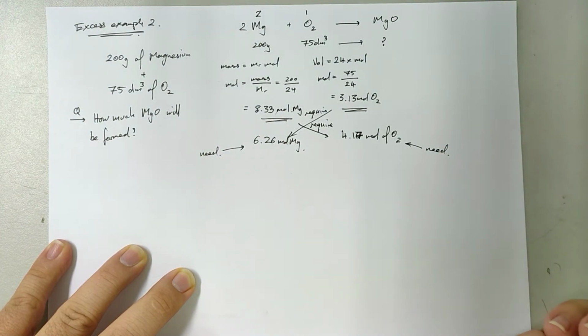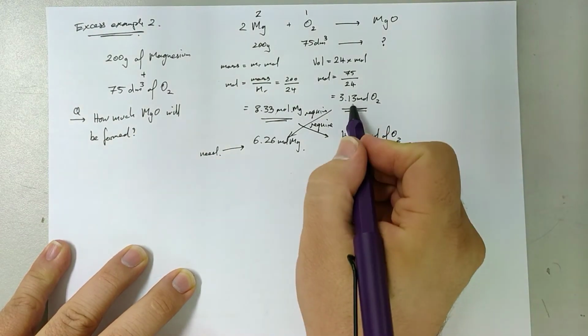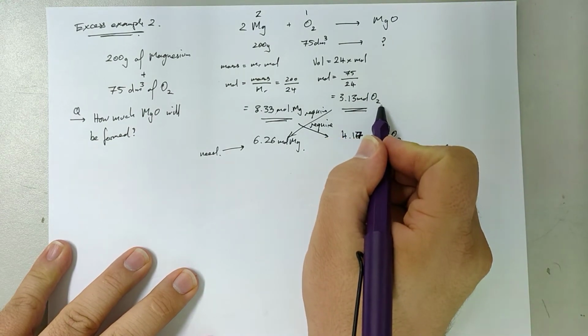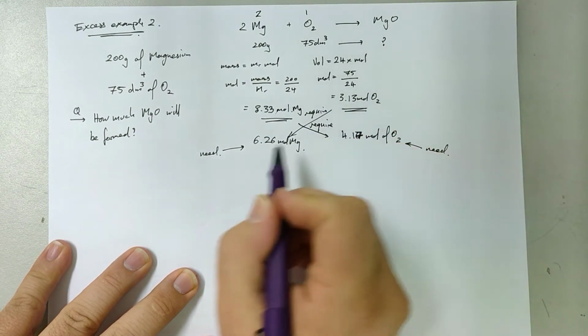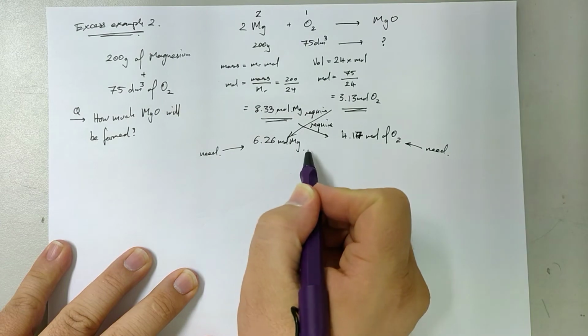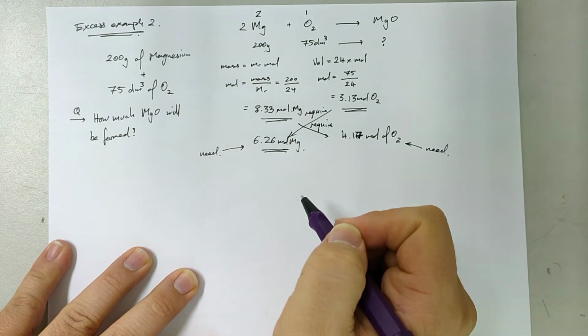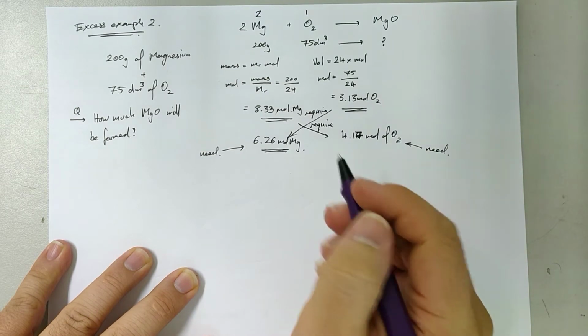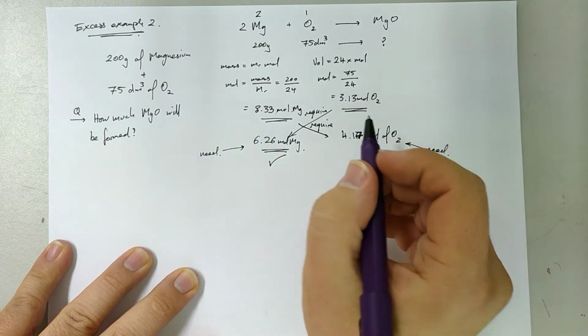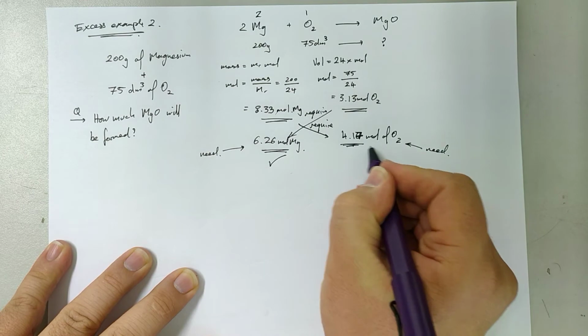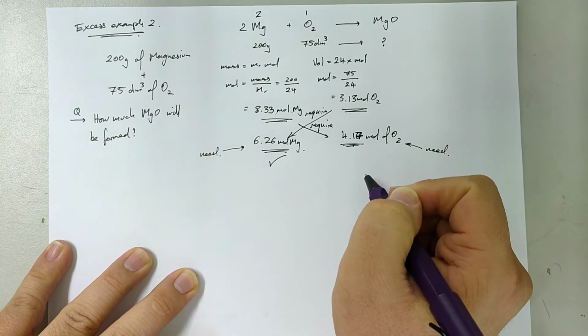What do we have? So if we have 3.13 moles of oxygen, which we do, that will need 6.26 moles of magnesium. Do we have that? Yes, we do have that. Do we have 4.17 moles of oxygen?